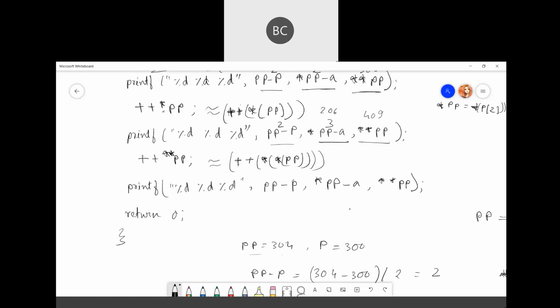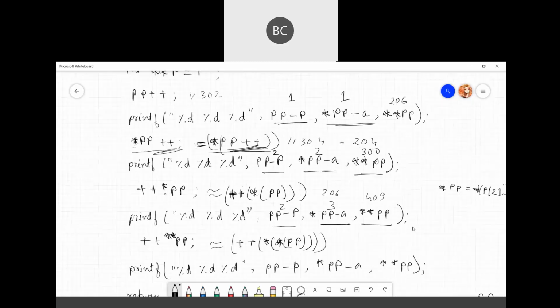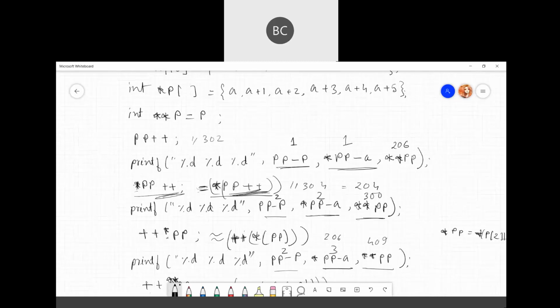You will go from right to left. So first one pointer, then one pointer, then your plus sign. So what will be the value here? Remember normal PP, when we incremented, it was 304.